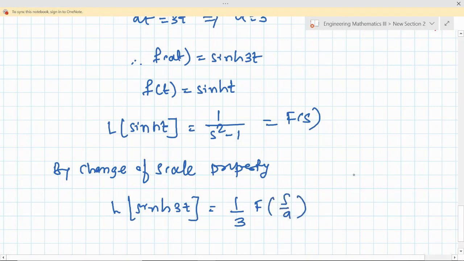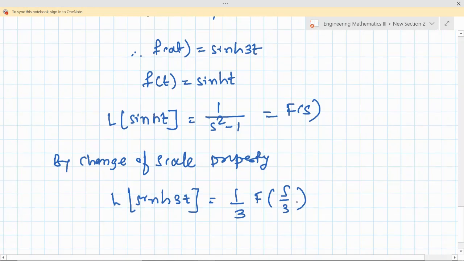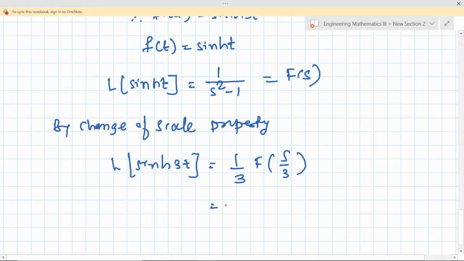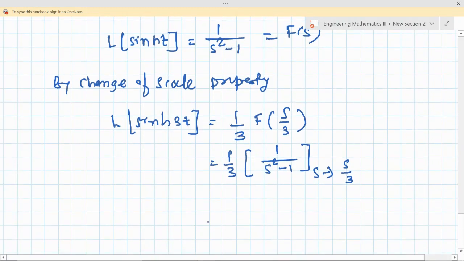It means we are replacing s by s upon 3 in F(s). So what does it mean? It means 1 by 3 as it is, and we are replacing s by s by 3 in 1 upon s square minus 1, giving 1 upon (s by 3) whole square minus 1.